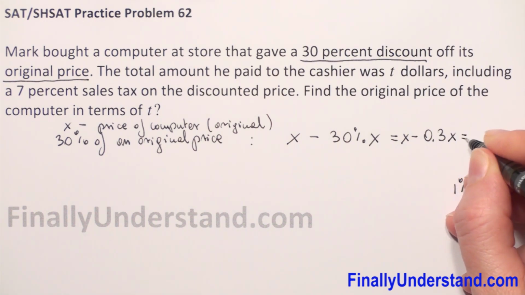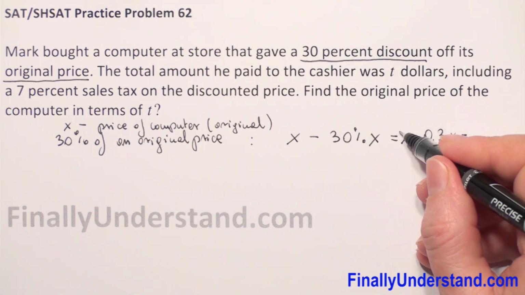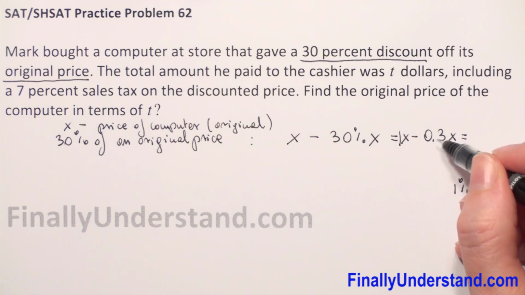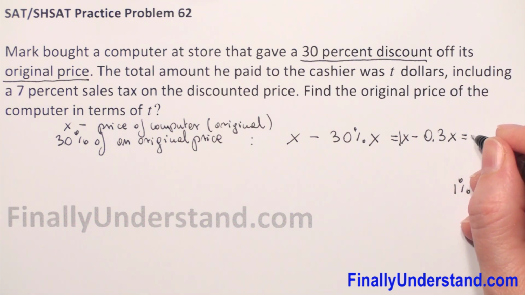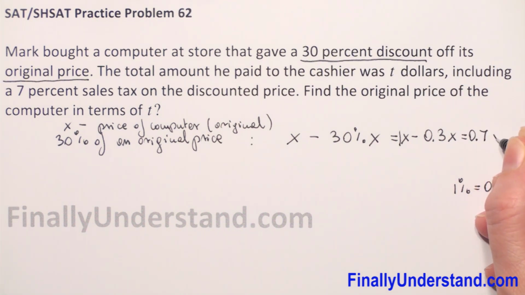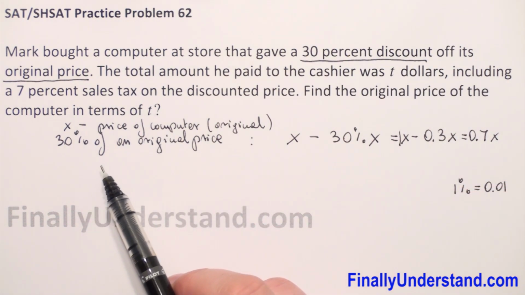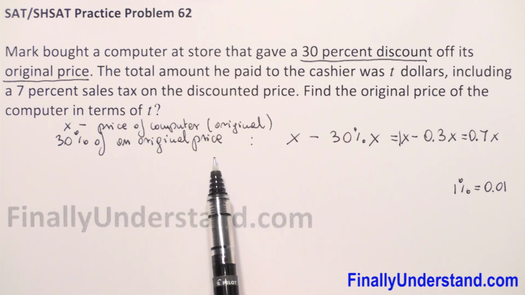So this is equal to 1X minus 0.3X. So 1 minus 0.3 is 0.7, and X we copy. So we have the price of the computer after the 30% discount.